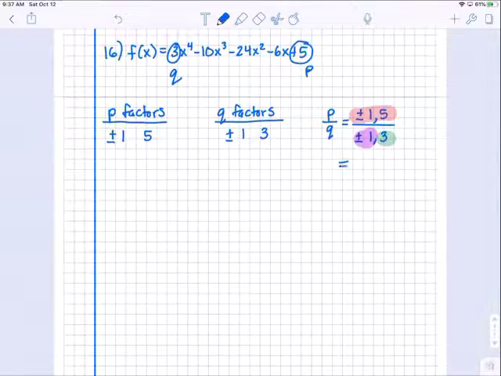So that's going to equal plus or minus 1, because 1 over 1 is 1. 5 over 1 is going to be 5. And then we're going to do the red over the green now. So 1 over 3 is just 1 over 3. And then 5 over 3 is just going to be 5 over 3. So this is all possible roots. These are all your possible roots.